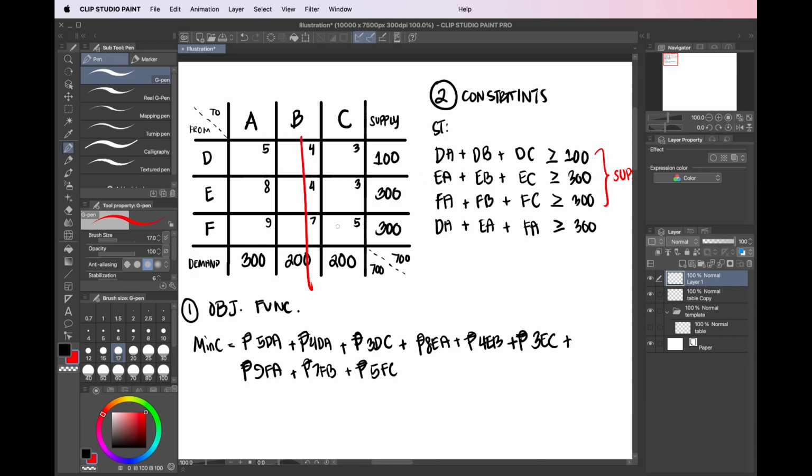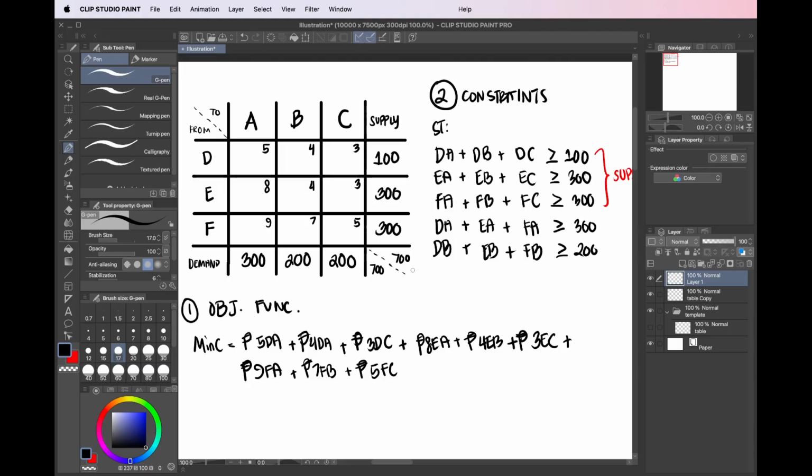Next column here would be DB plus EB plus FB, greater or equal to 200.